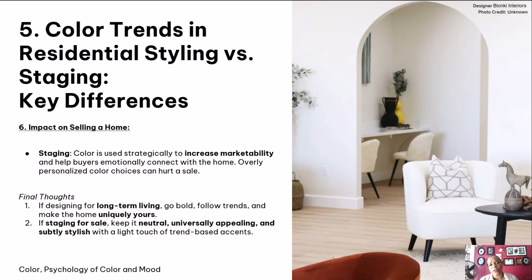And staging is fun too. I don't want to make you think that it's boring, because look how beautiful. Even all white with a few patterns, and it looks like I have a little bit of color in the chair. Beautiful, elegant. I have a vase back here that's giving me a little pop of yellow. So the best suggestion is that the color happens in the accessories.